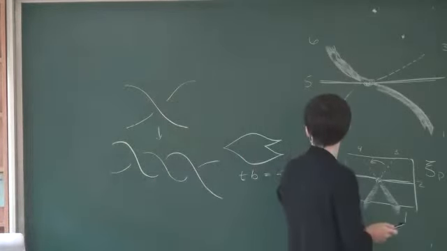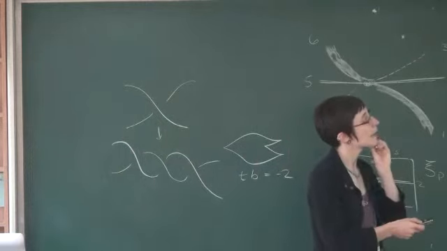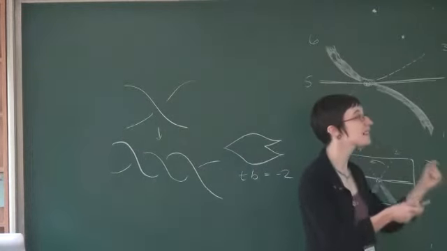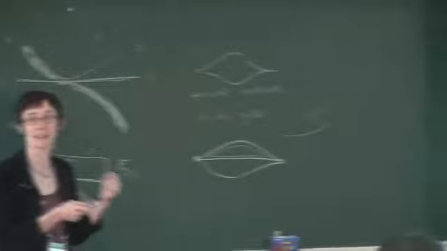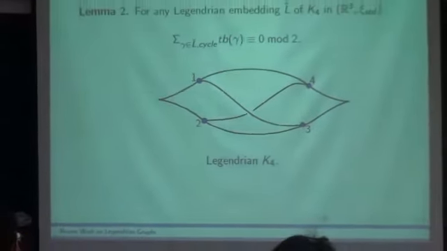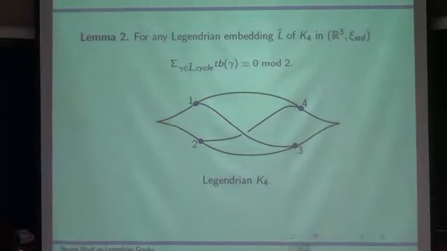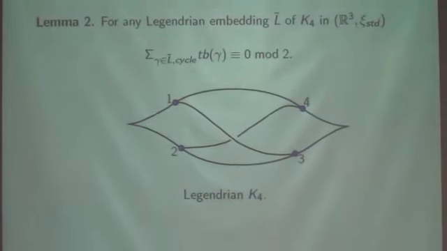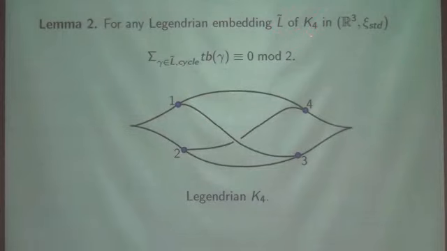Okay, and our second lemma, and this is our key lemma to what we're doing here, is that for any Legendrian embedding of K4 in the standard contact structure, if we sum up the Thurston-Bennequin numbers of all of the cycles, this will be 0 mod 2.